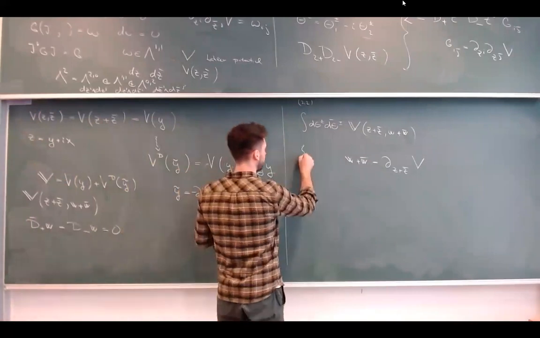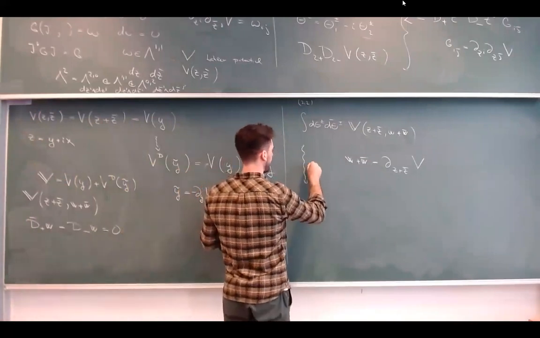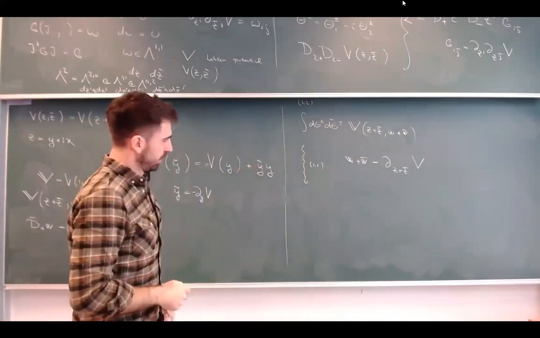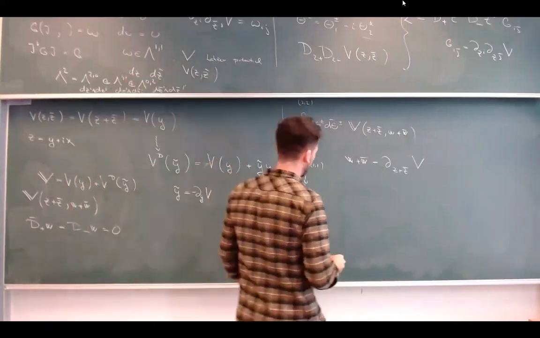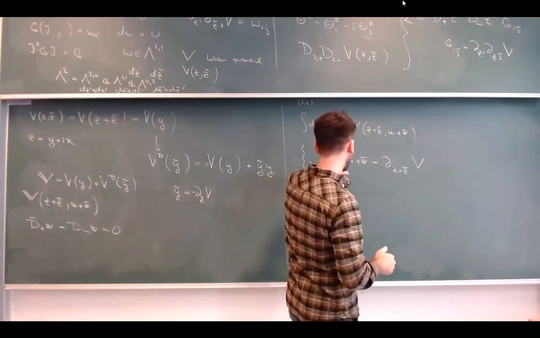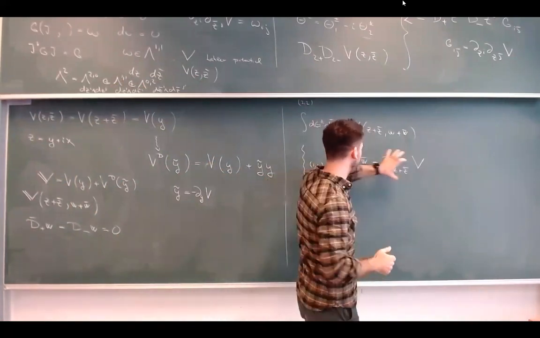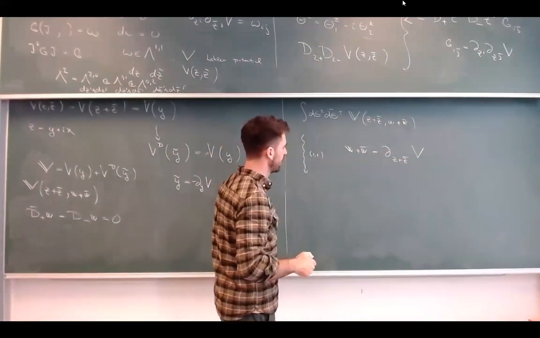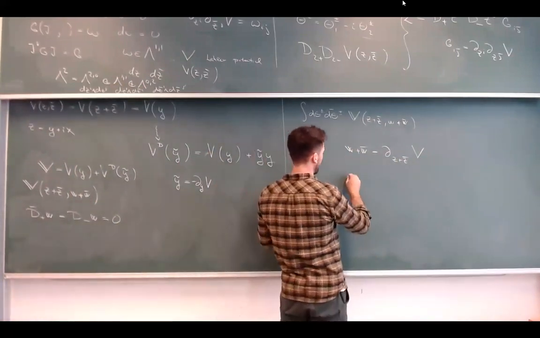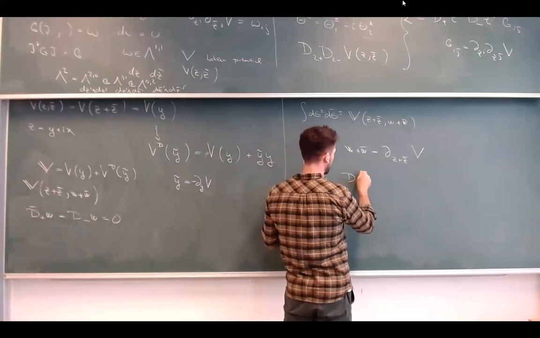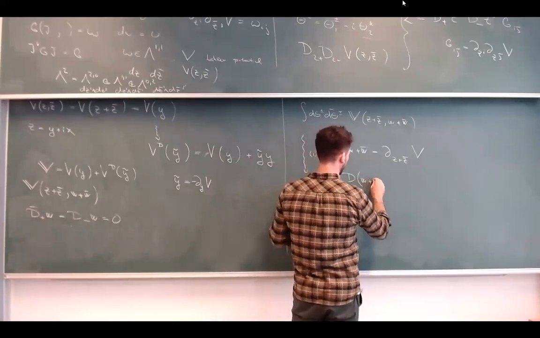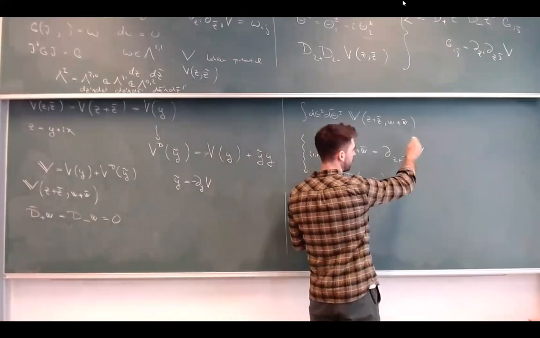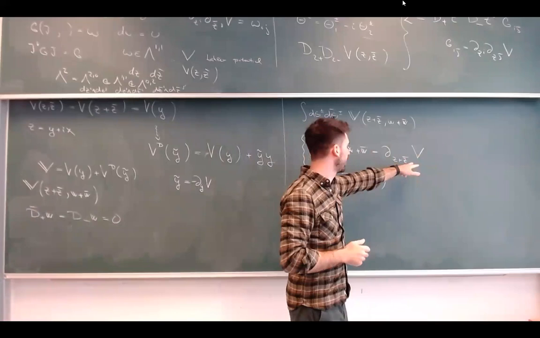So if I perform the normal reduction, you can almost see immediately that if I hit this with D and use the constraints, it will give you something. Now I introduce a new derivative acting on this V, right?